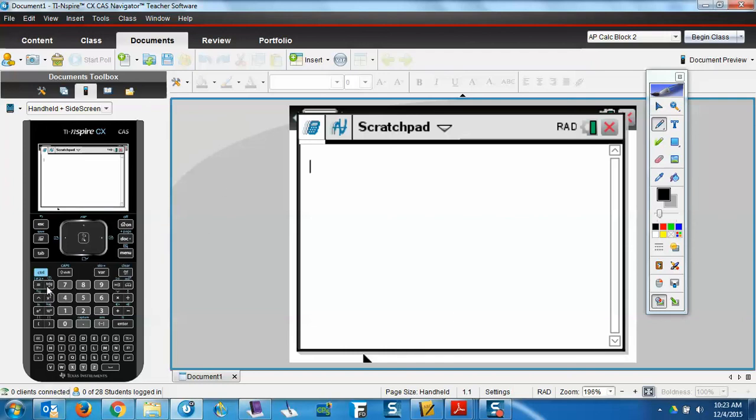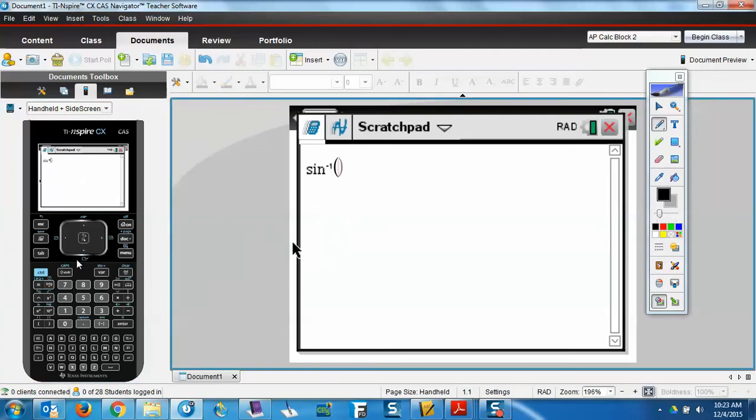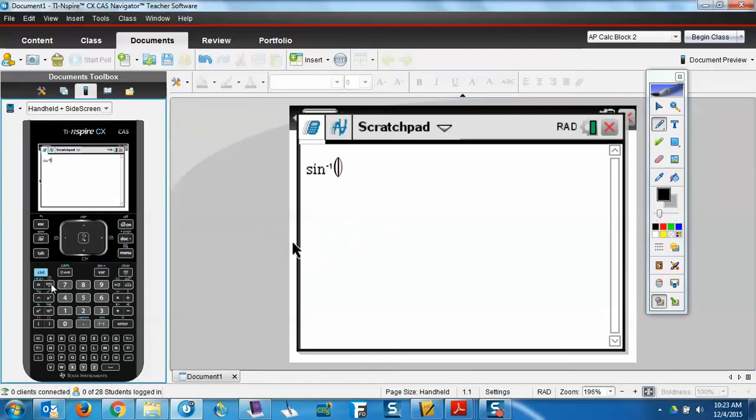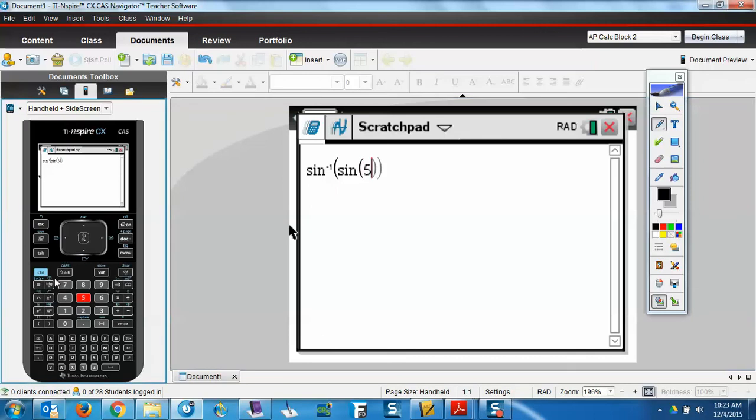Let's do Control Enter, that would be better today. Let's do arcsine of sine of 5, and we'll go Control Enter. Okay, and we get that, right?